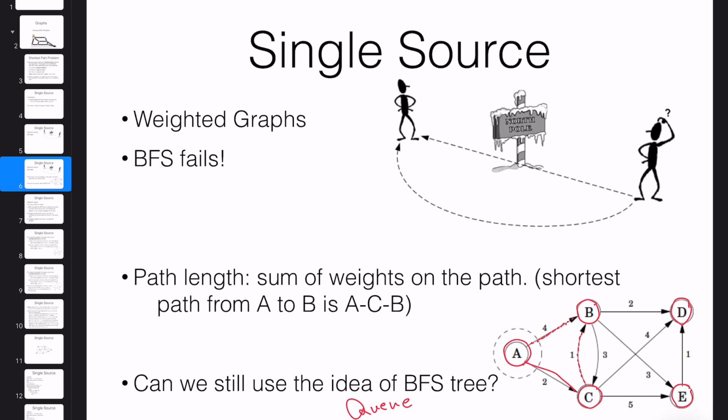So this cost will be updated to 3. B in the queue will remain in the queue, but the cost of visiting it will be updated.